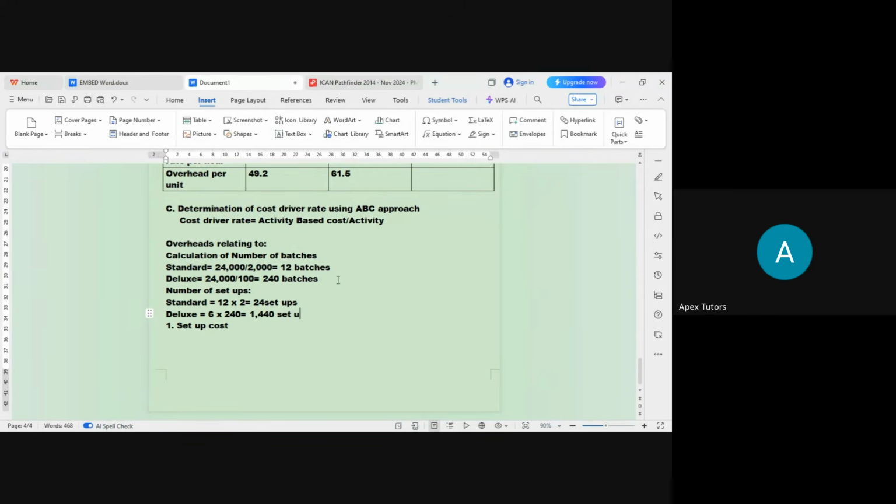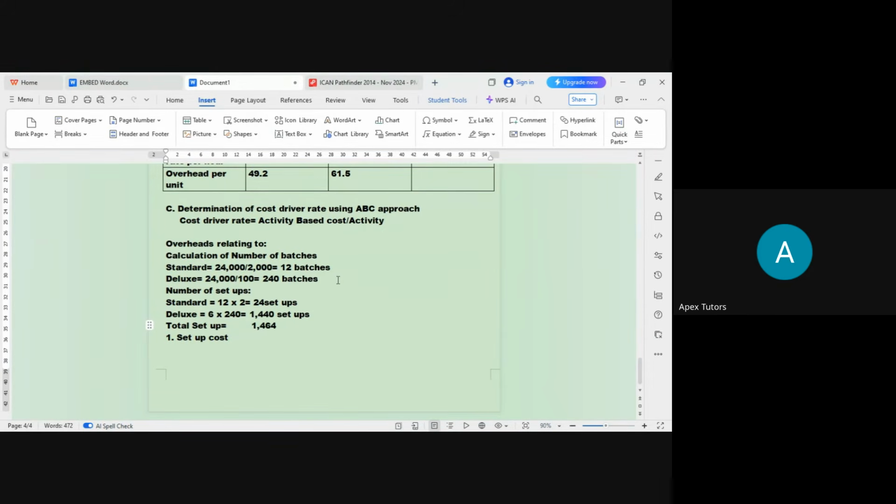So in total, what will be the total setup? 1,464. Total setup will be equal to 1,464. This is the total setup.